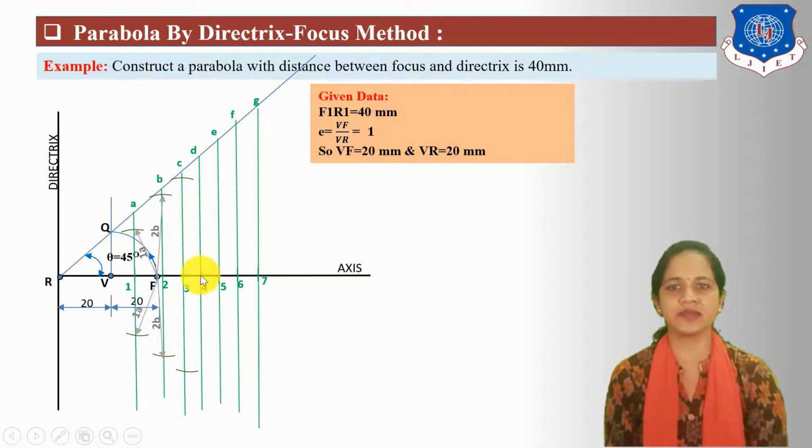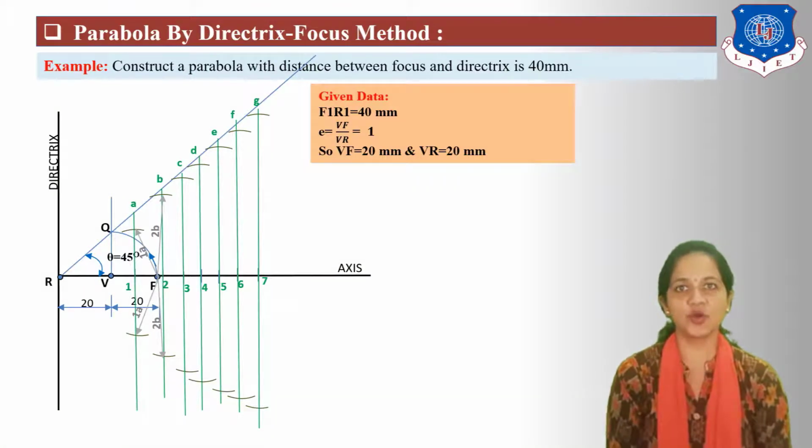Next, take radius 4D, center F and cut 2 arcs on 4D vertical line. Next, take radius 5E, center F and cut 2 arcs on 5E line. Similarly, cut 2 arcs on 6F and 7G line.